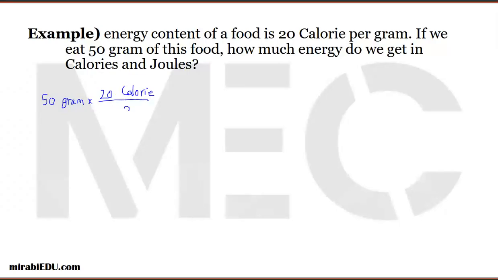20 calorie per gram. So this gram cancels this gram. Then we can say after eating this food, we have taken a thousand big calorie. Or if we change this big calorie to a small calorie, we have taken 1 million calorie, lowercase c.